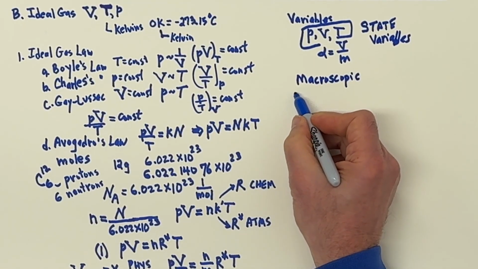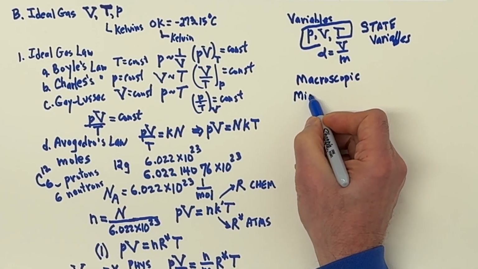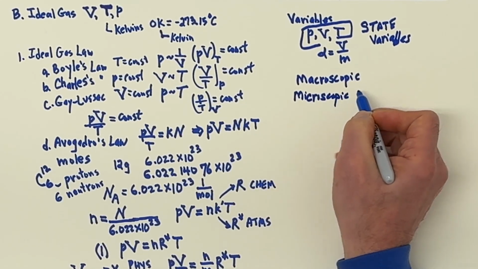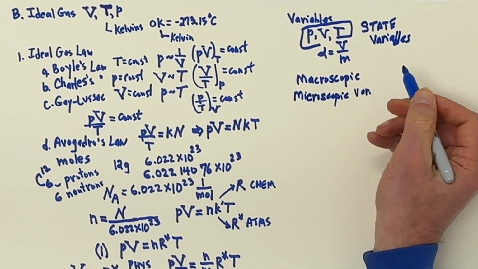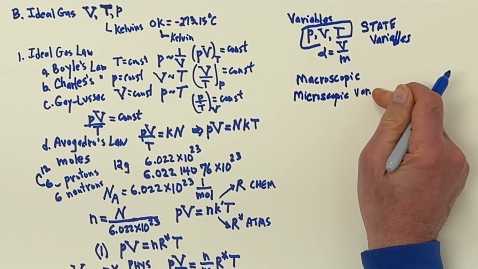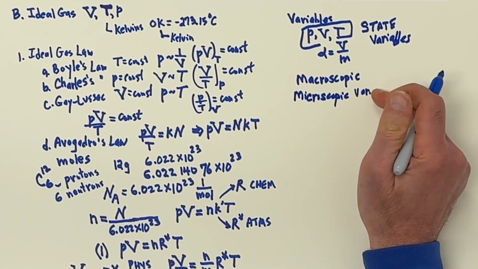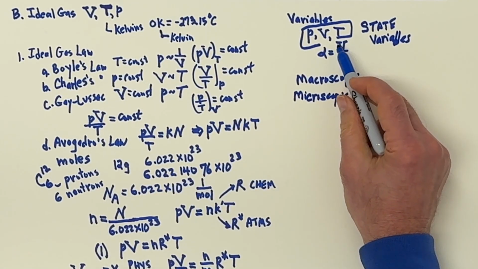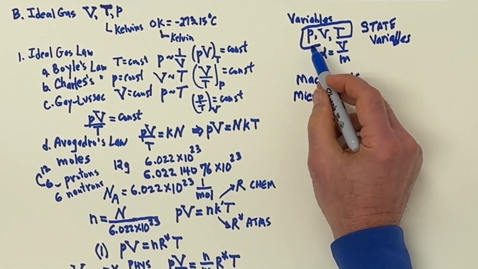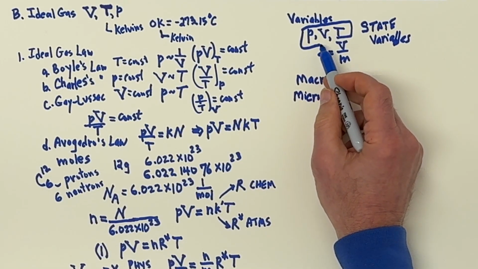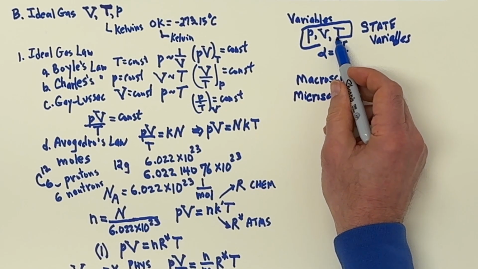So to compare with a microscopic variable, you would have, for example, the individual masses of the particles and velocities of the particles. But for the gas in a volume in a lab, we can describe the whole thing with the pressure, the volume, and the temperature.